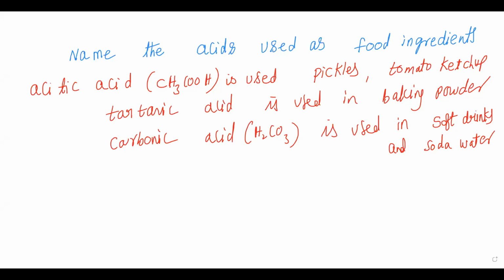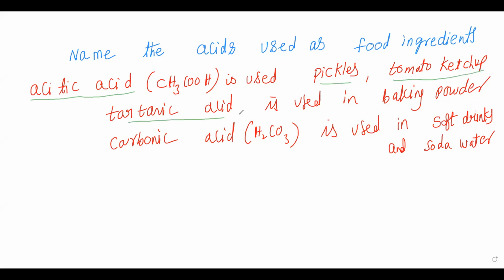So weak acids are quite safe to eat or drink. Most of the weak acids are used as food ingredients. Let us see some examples. Acetic acid in the form of vinegar is used in pickles and tomato ketchup.